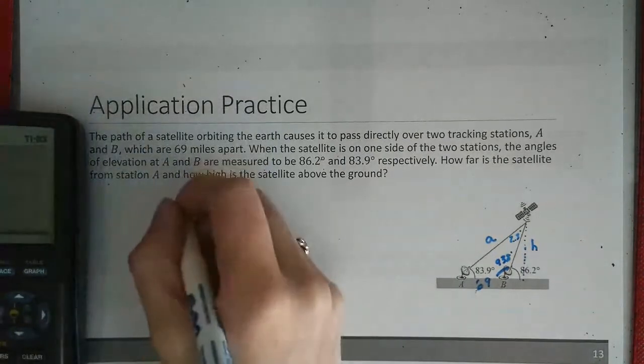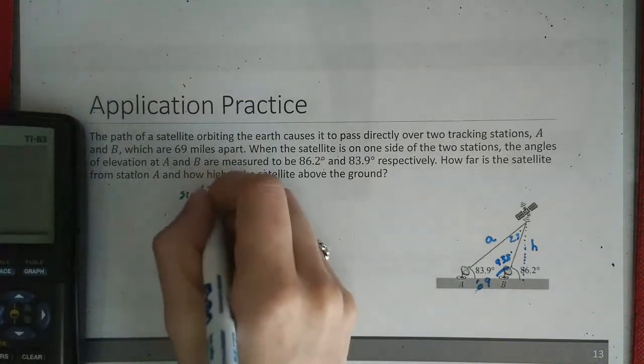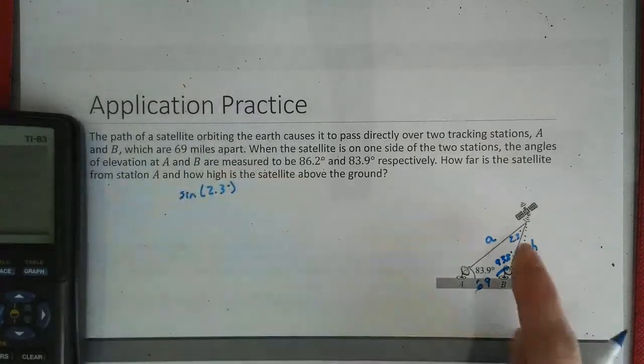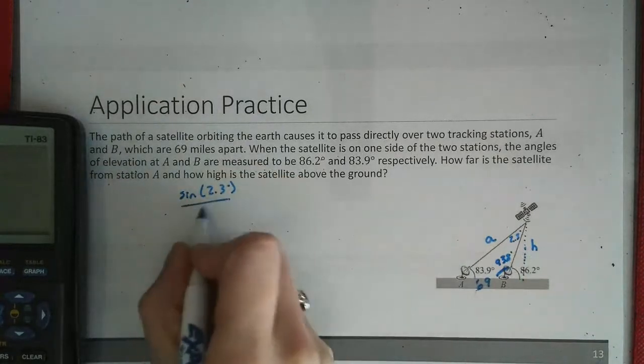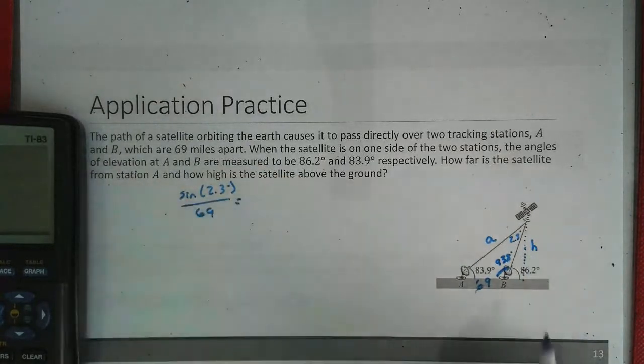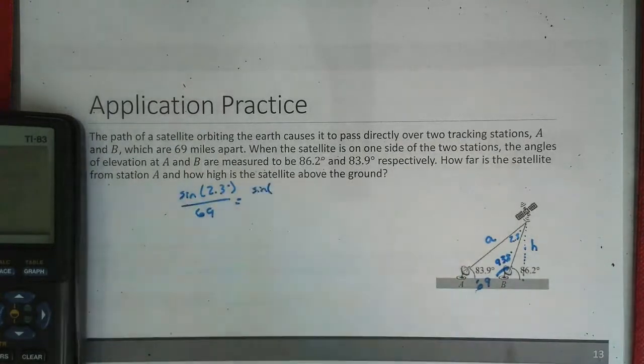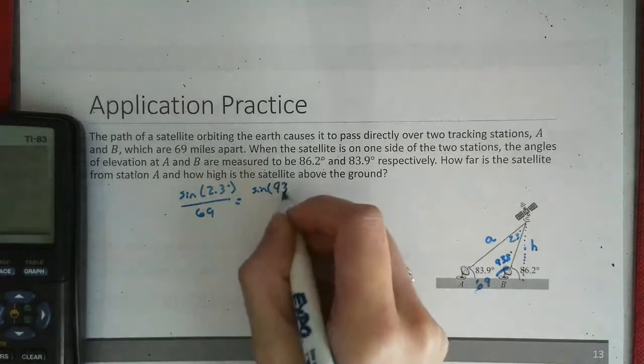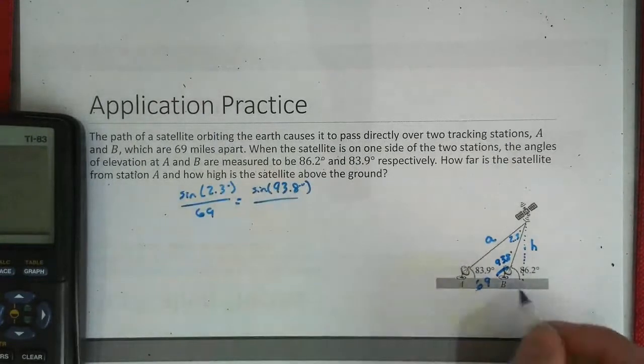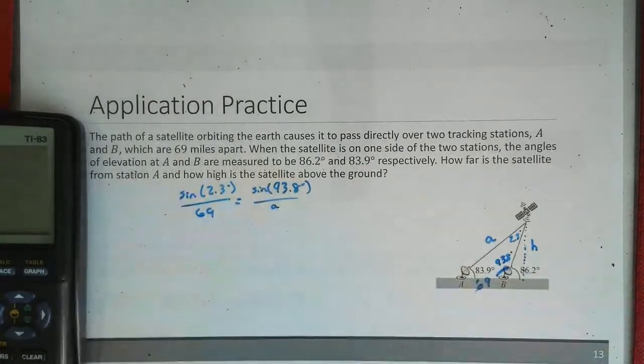If I set up the law of sines, then the sine of that 2.3 degrees over its corresponding side 69 is equal to the sine of this angle over here, 93.8, over its corresponding side A. And I'm trying to solve for A.